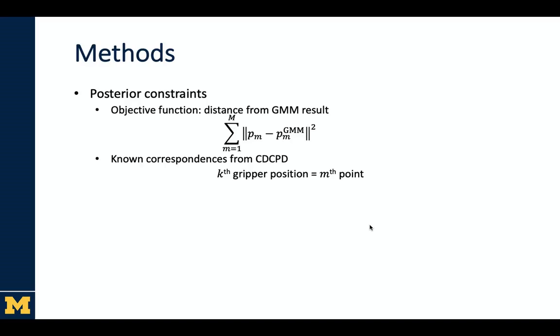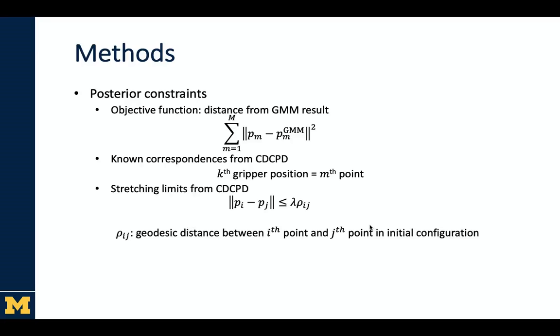The idea is assigning grid positions to corresponding points in P. And the second is limiting the distance between two connected points to within lambda times the initial geodesic distance. Just to recap here, rho ij is the geodesic distance in the initial configuration, and lambda is a hyperparameter in our algorithm. In addition to these two constraints introduced in CDCPD, we also added self-intersection constraints.